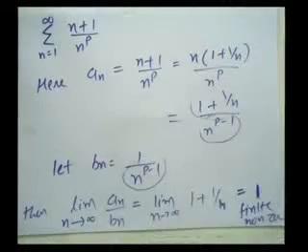Here we can say that sigma bn is equal to sigma 1 upon n raised to P minus 1.